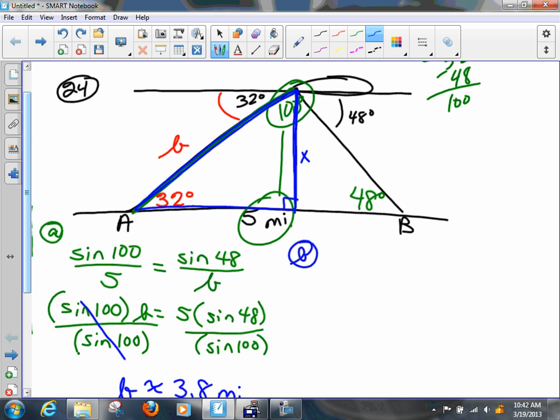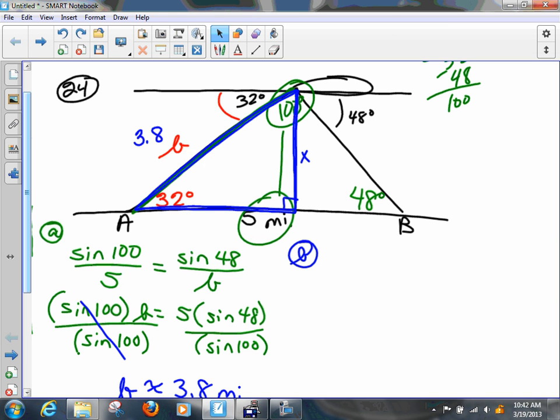A right triangle. Do I have to use law of sines? No. Go back and use some old horse caught a horse taking oats away. If I've got the B, I just solved it to be 3.8, didn't I? So I'm counting on it being correct. As long as it is, I can say, okay, I got to find X.